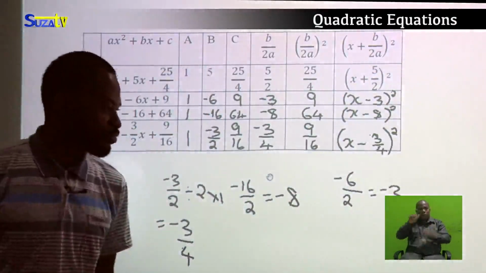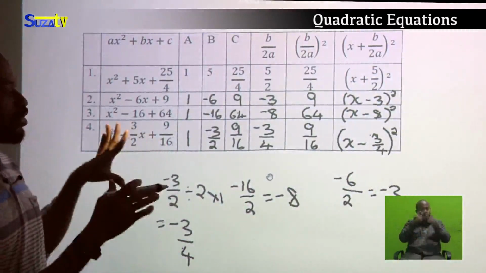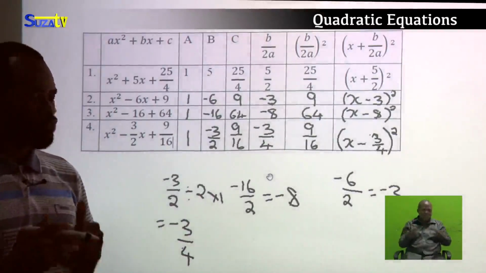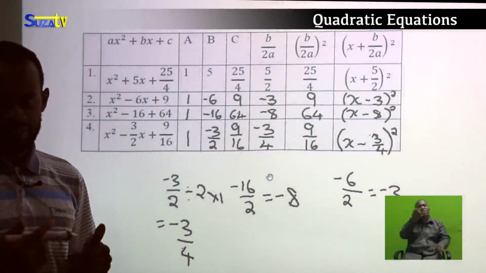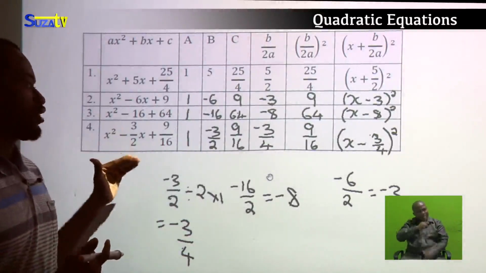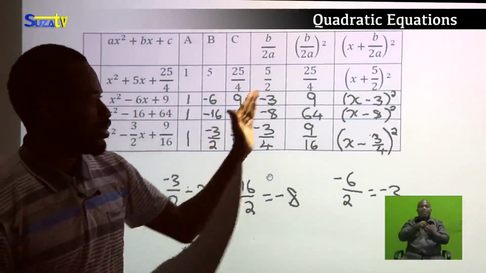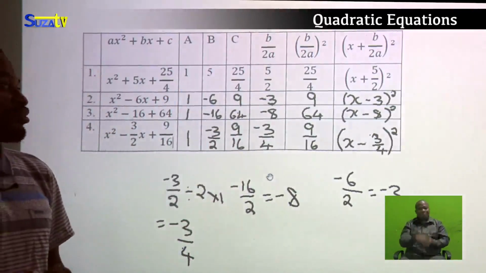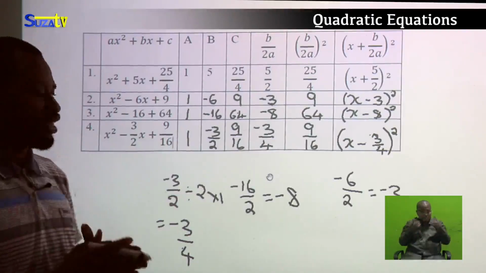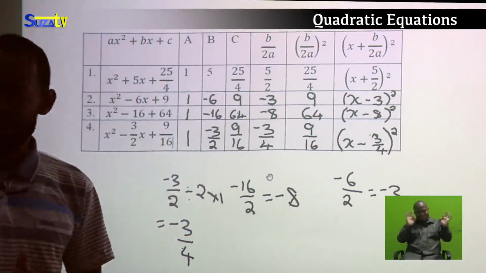So now, my dear viewers and students, from this table, from what we have done here, what observation have you made? If you try to observe the table carefully, especially the values and the expression there, do you see any kind of relationship? Can you see anything from the table? Please check it clearly and then give us the answer.